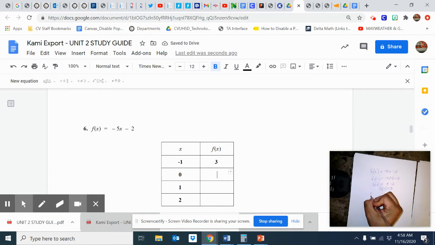f of 0 was negative 5 times 0 minus 2. f of 0 equals 0 minus 2. f of 0 equals negative 2. Okay. Then we'll go ahead and do f of 1, which equals negative 5 times 1 minus 2, equals negative 5 minus 2. f of 1 equals negative 7.